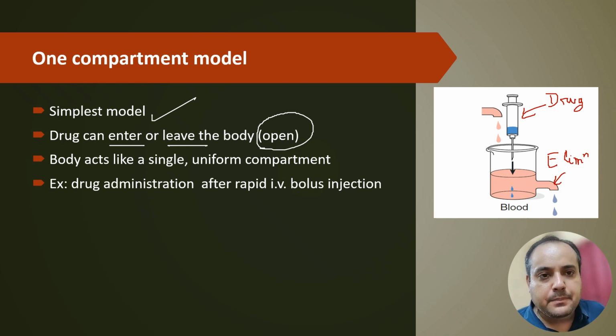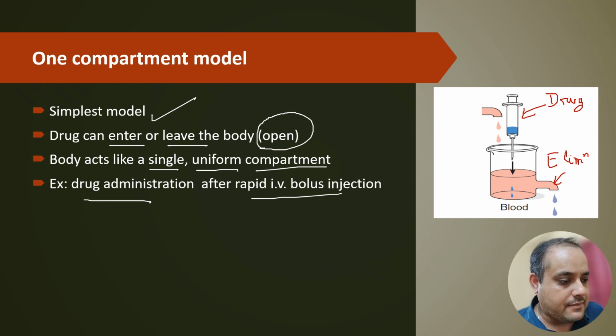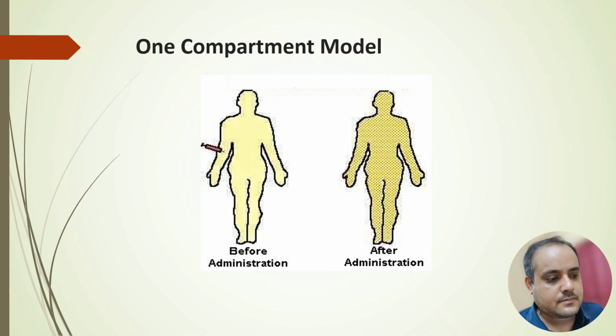Another thing to consider here is that we consider the body acts like a single uniform compartment, and the example for this single compartment model is what happens after the drug has been administered by a rapid IV bolus injection. That pharmacokinetic phenomenon can be explained by a single compartment model. Okay. Now see what is happening in case of the one compartment model.